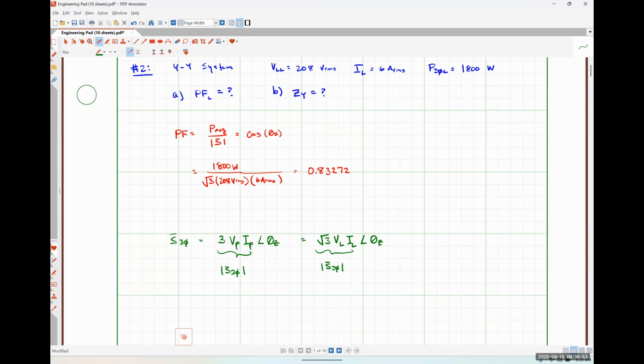So the power factor is always going to be a positive quantity when we're dealing with the power absorbed by a load. Okay.